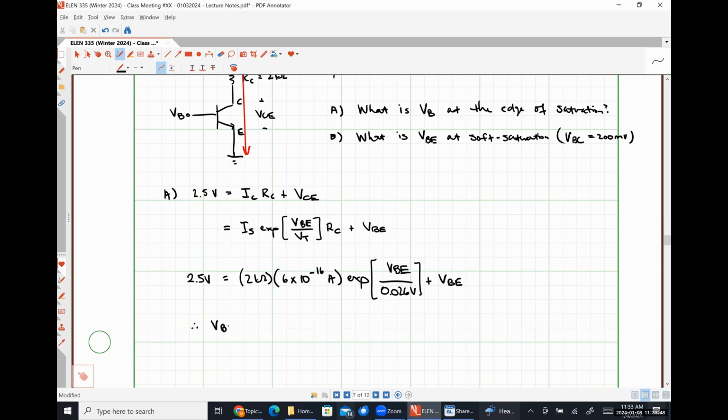And this can be solved, like I said, using our numerical solver to find that our base emitter voltage comes out to be 728.533 millivolts.